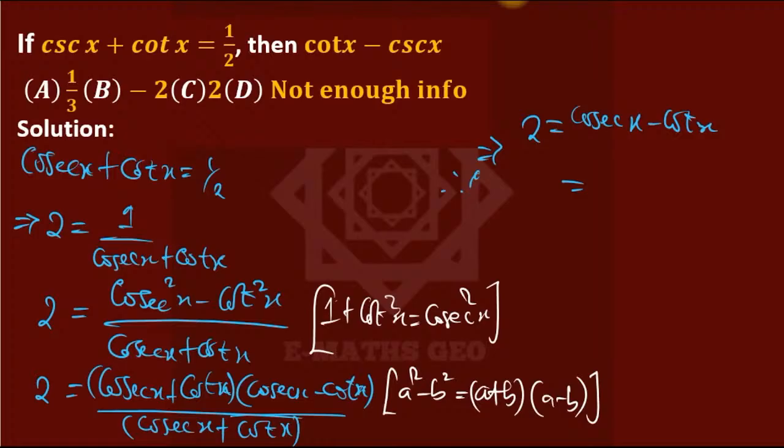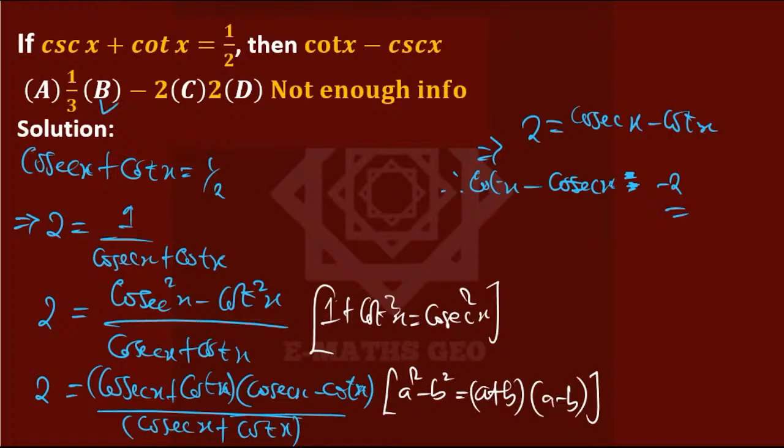Therefore, cot x minus cosec x is minus 2. That's our answer, option B.